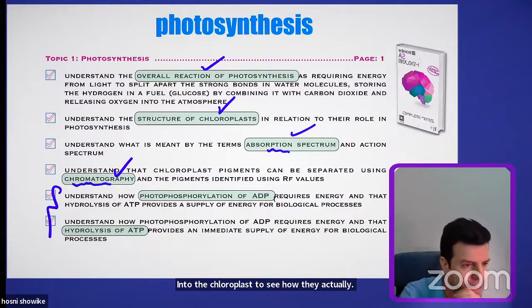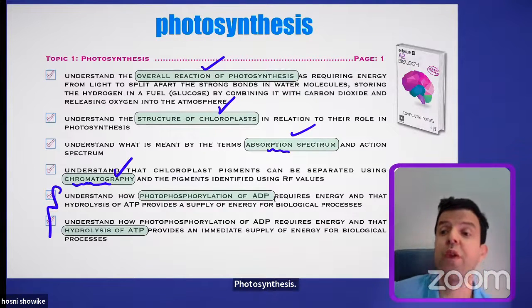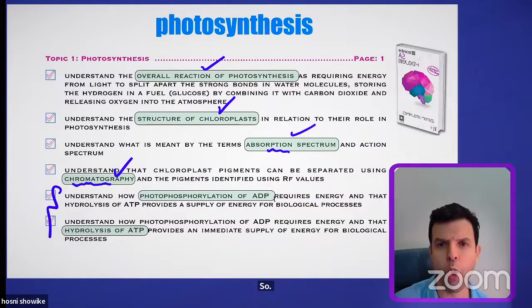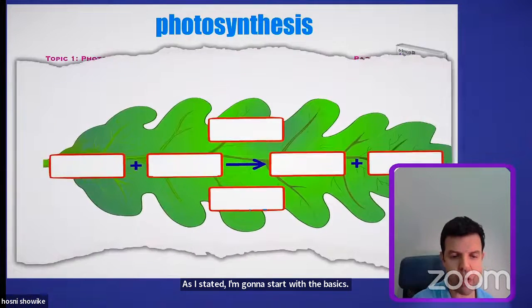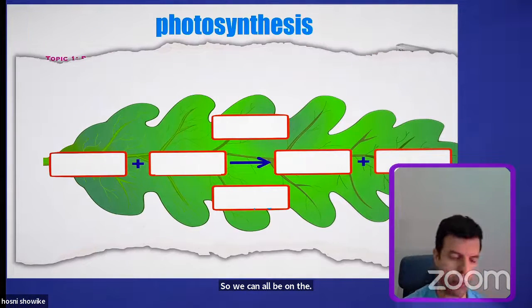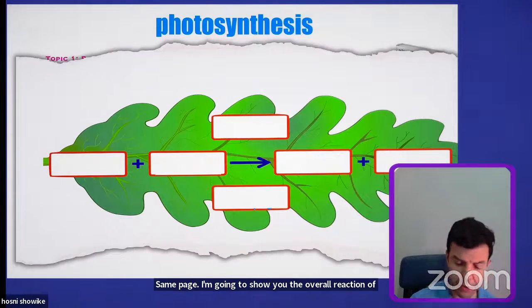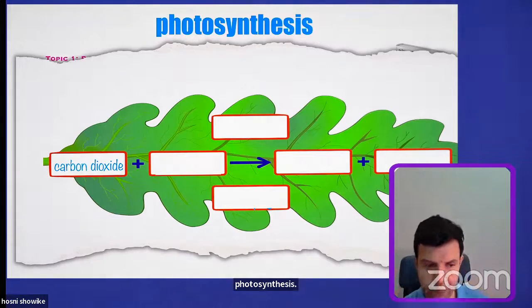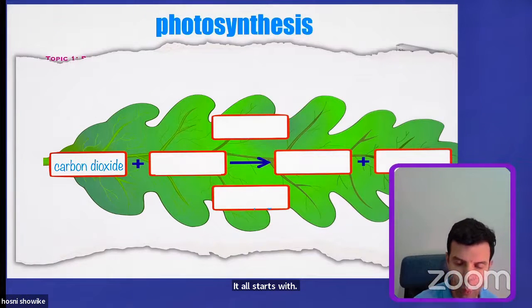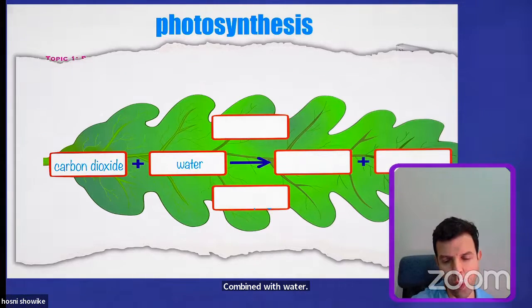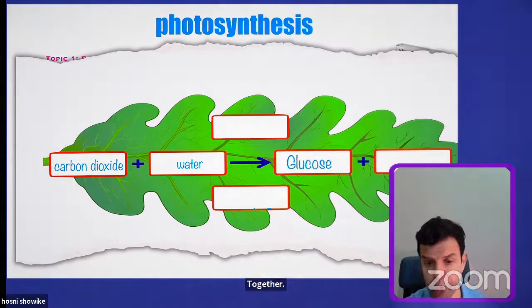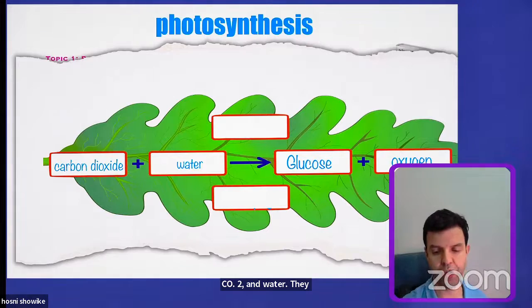So as I stated, I'm going to start with the basics so we can all be on the same page. I'm going to show you the overall reaction of photosynthesis. So it all starts with CO2 combined with water. Together, CO2 and water form glucose and oxygen.